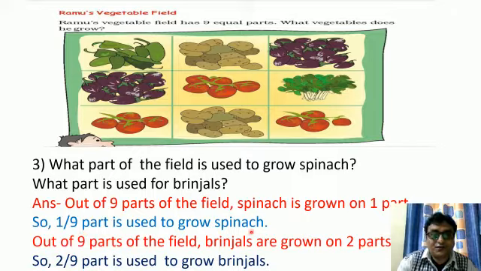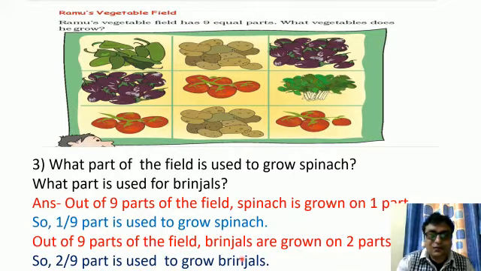In the same way, out of 9 parts of the field, brinjal are grown on 2 parts. So brinjal you can clearly see here 2 parts, okay, out of 9 parts. So 2/9 part is used to grow brinjals.